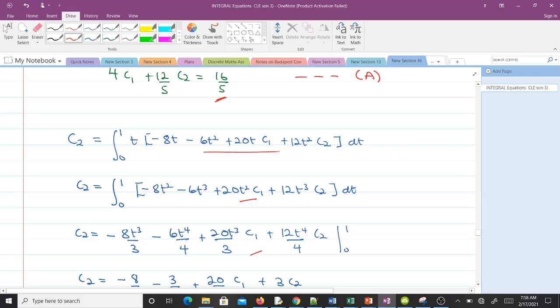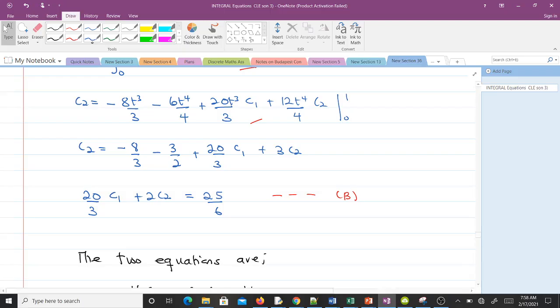So we then put in our limits of integration, and that leaves us with something like this. So the next thing is for us to work around it, do some rearrangement, and we get this equation. 20 over 3c1 plus 2c2 equals 25 over 6.